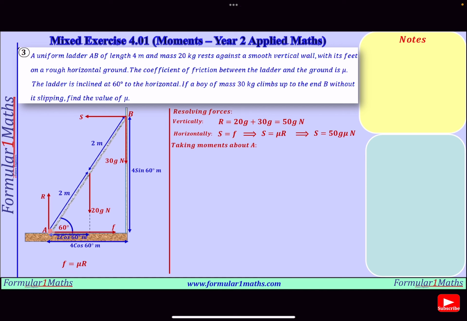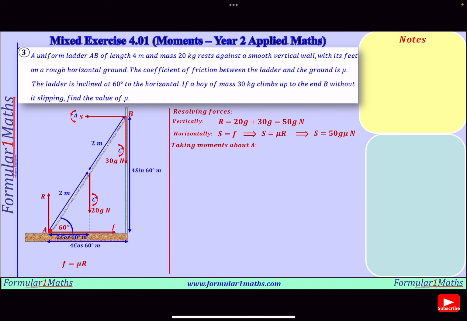So let's look at the nature of the moments of the rest of the forces left. For the first one, the 20G Newton force will produce a clockwise moment, and the 30G Newton force will also produce a clockwise moment. But the reaction force S will produce an anti-clockwise moment.